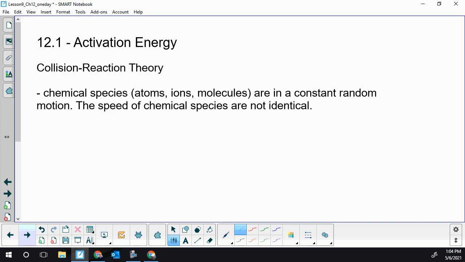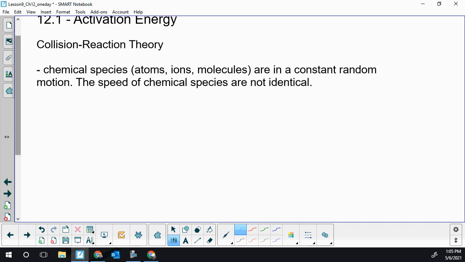And the hotter the temperature of the system, the faster they'll be going and the bigger their distribution. Not all chemical species are going to have the same speed. There's a distribution of speed, but again, hotter equals a faster average speed.